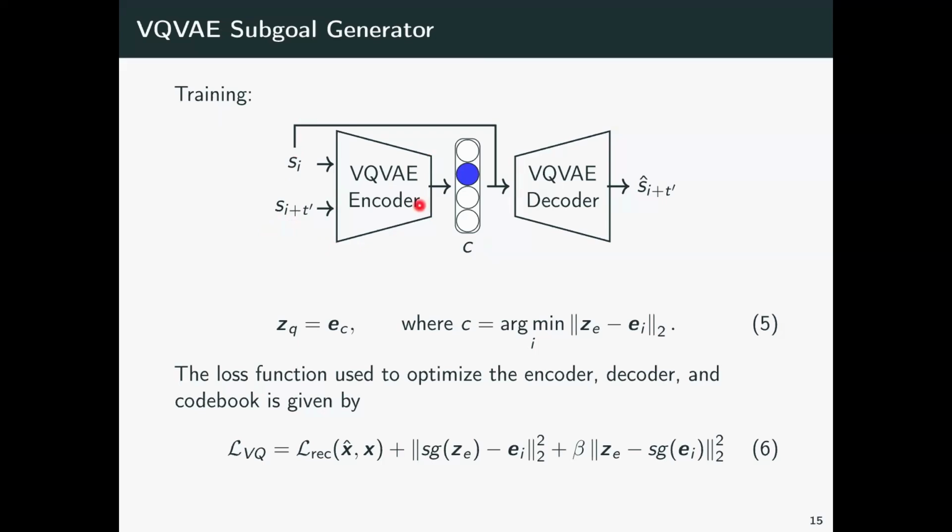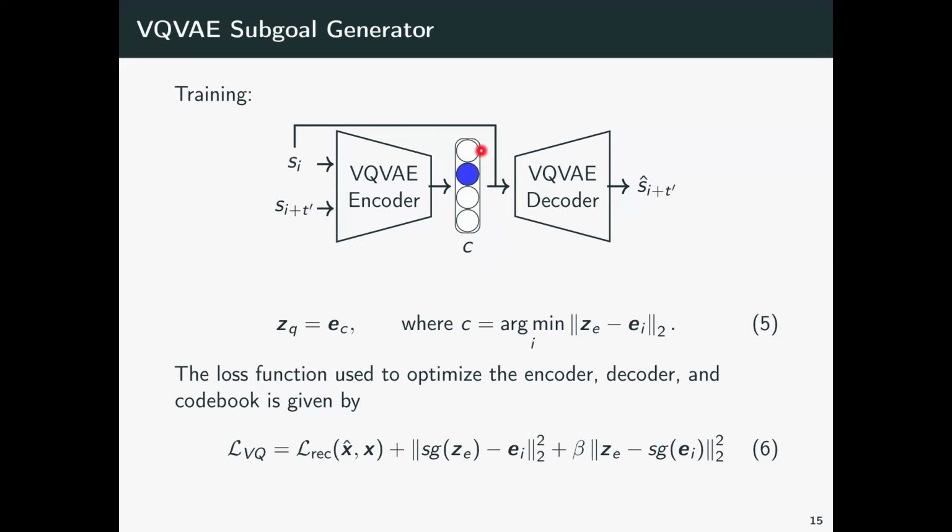So this gets encoded into a continuous latent vector. And then what vector quantized VAEs do is they have a set number of possible options. This is called a codebook. So this is a codebook of size 4. And what this is going to do is take this output continuous representation and try to map it onto one of these 4 options, depending on which is the closest.